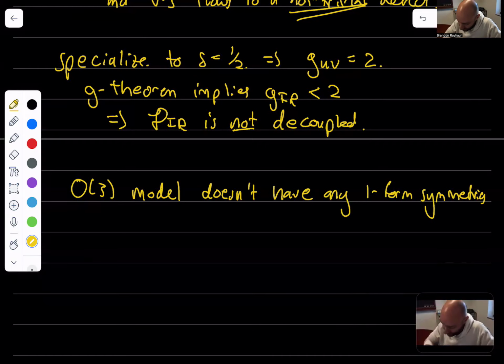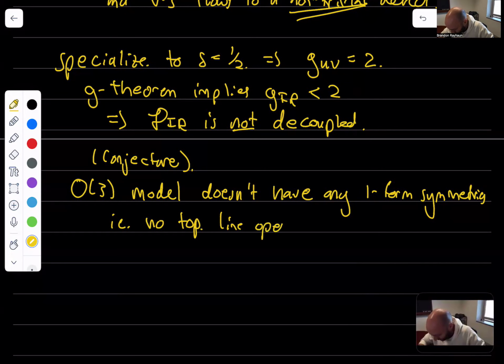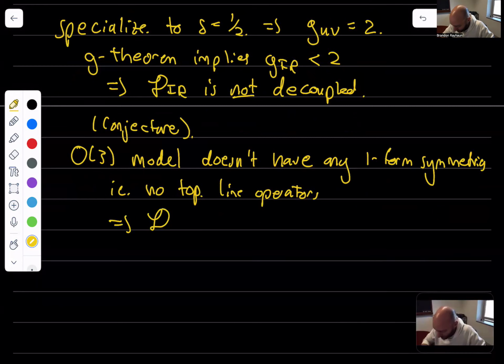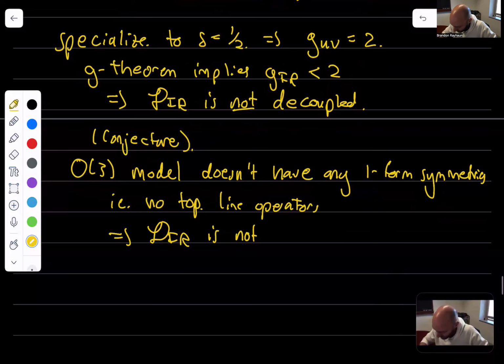But this is maybe a bit of a conjecture. If we assume this conjecture, then in particular it doesn't have any topological line operators. Because it doesn't have any topological line operators, that means this IR defect for this s equals 1/2 qubit is not topological either.